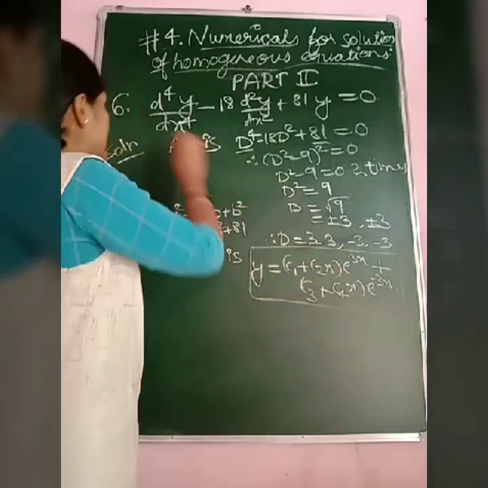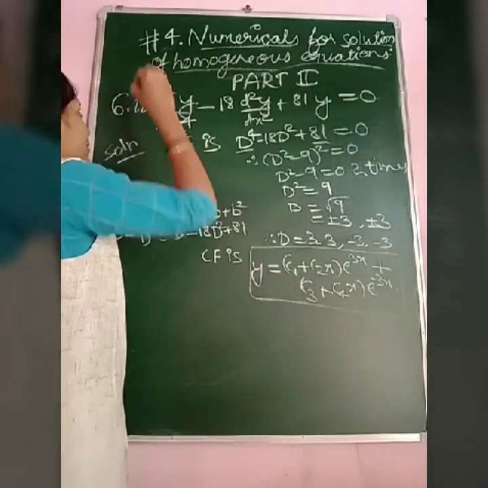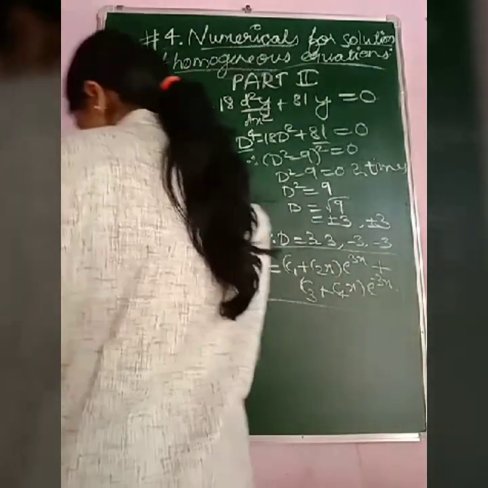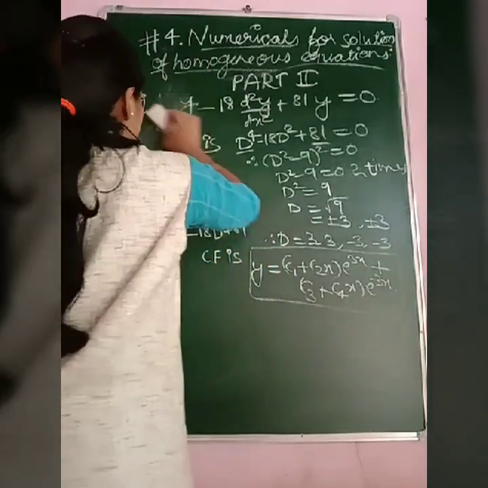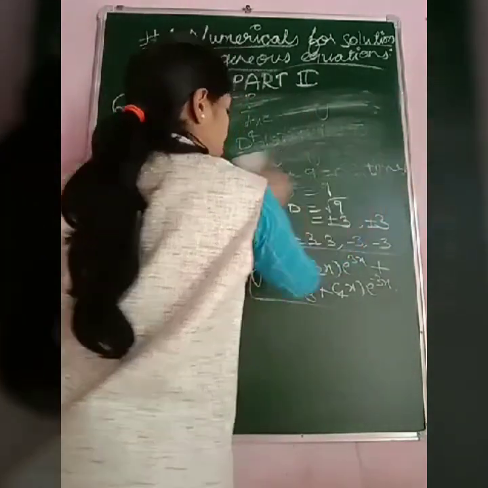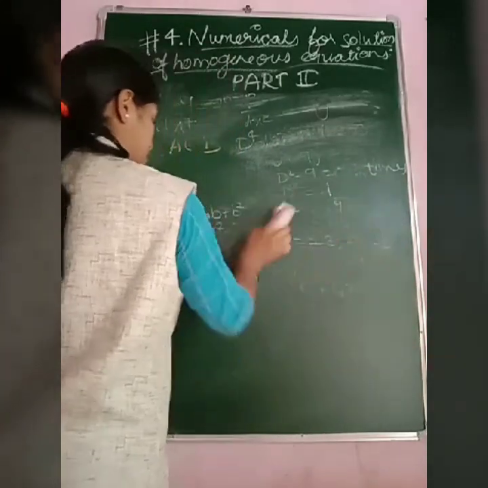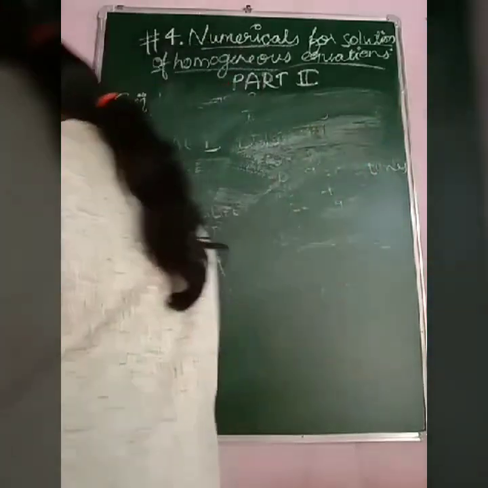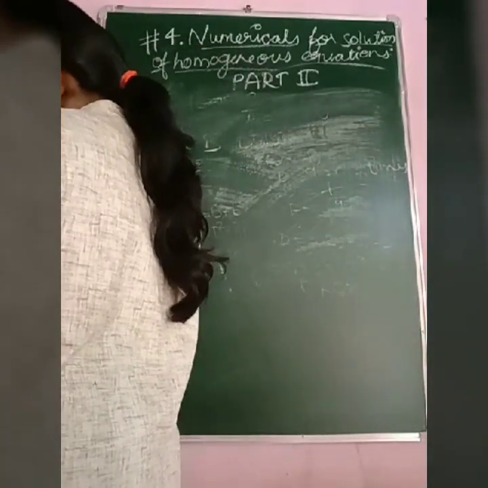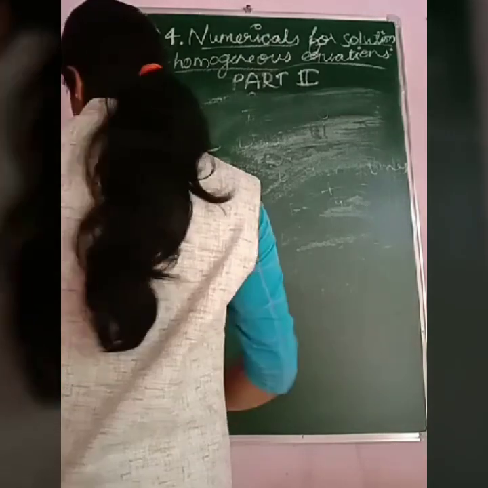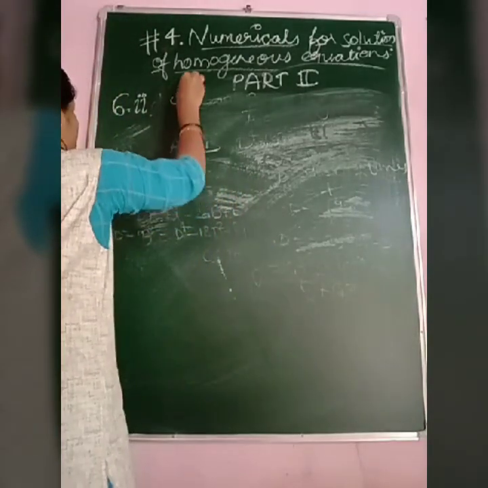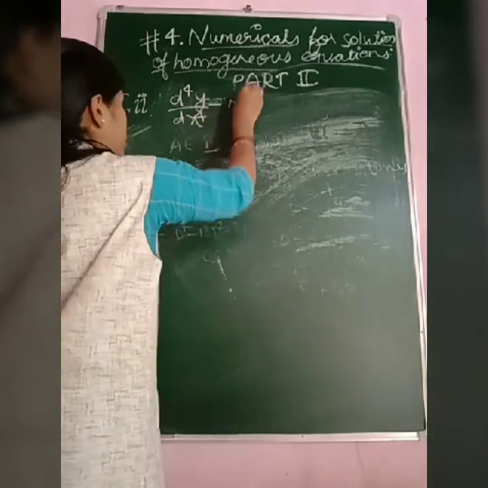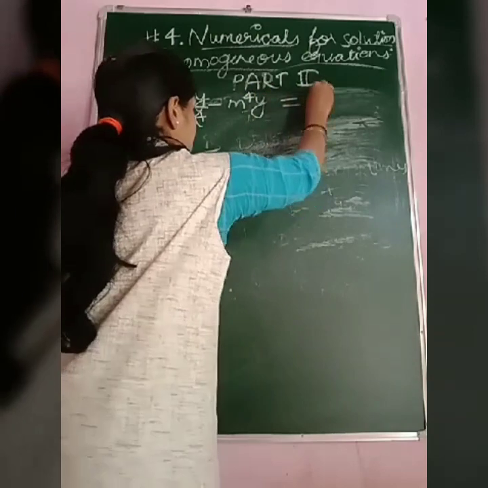Now let us do the second one, 6 second. The question they have asked is d raised to 4 y by dx raised to 4 minus m raised to 4 y equal to 0.